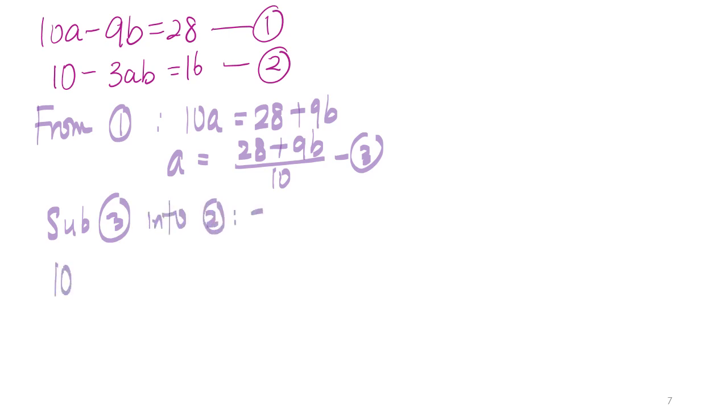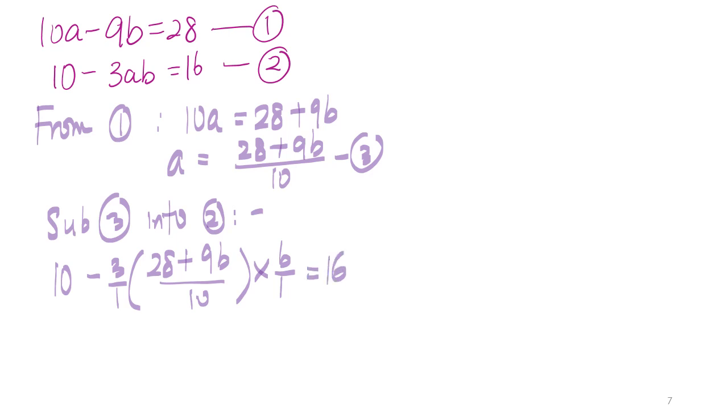So I would have 10 minus 3, 28 plus 9b over 10, multiplied with the b. This is what I'm going to do because 28 plus 9b over 10 is a fraction. So I'm going to write 3 as 3 over 1, and I'm going to write b as b over 1, because 3 divided by 1 gives you 3, and b divided by 1 gives you b.